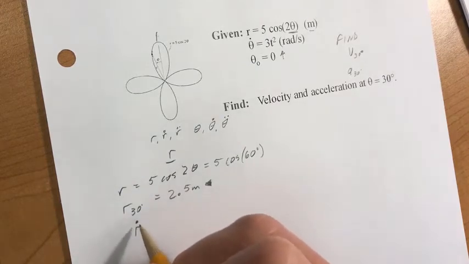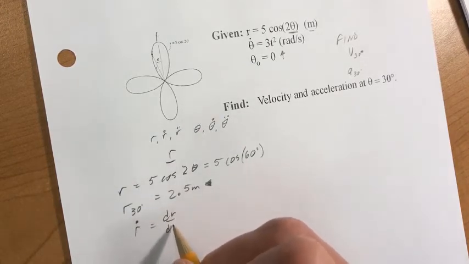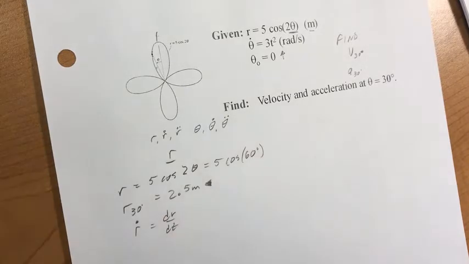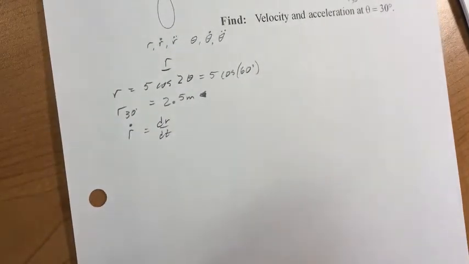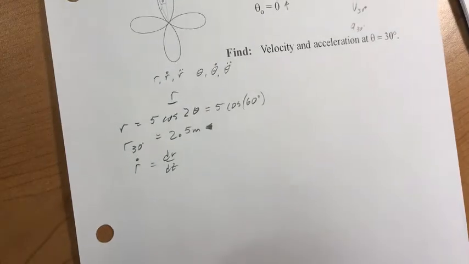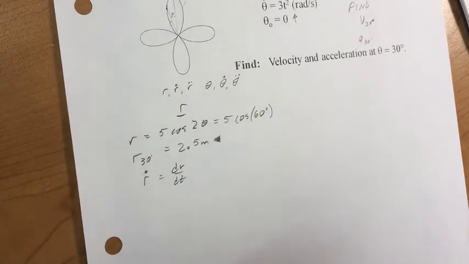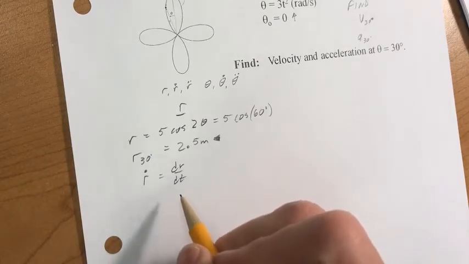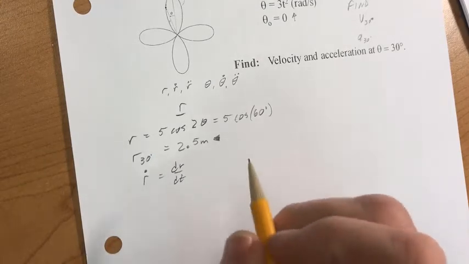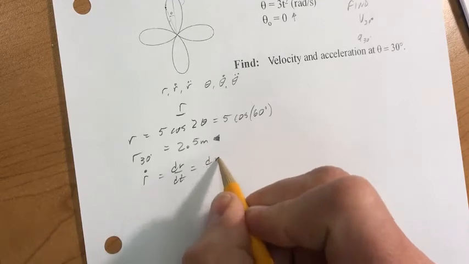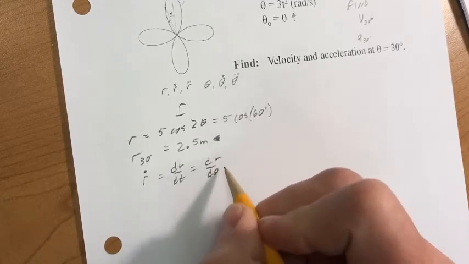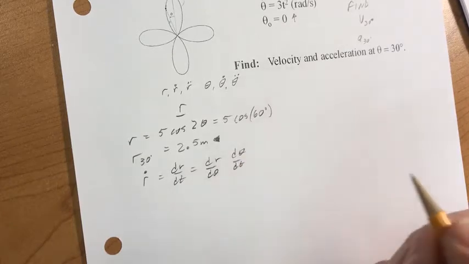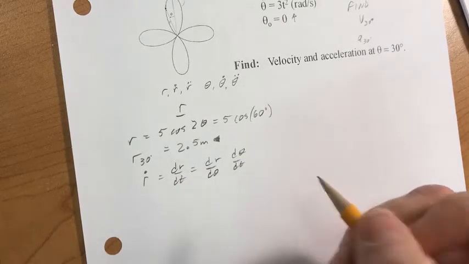Now r dot, which equals dr dt. Problem. Because we have r as a function of theta, not a function of time. So what we're going to have to do is take dr d theta using our chain rule times d theta dt, okay, to give us dr dt.